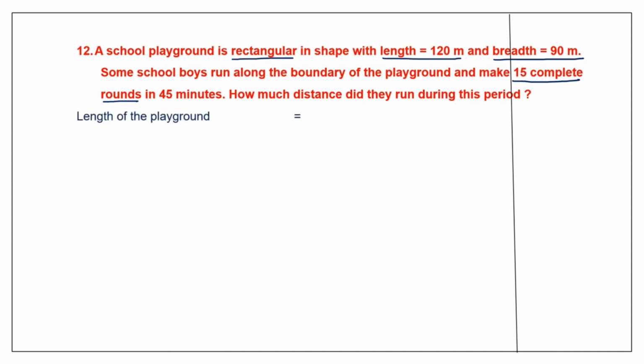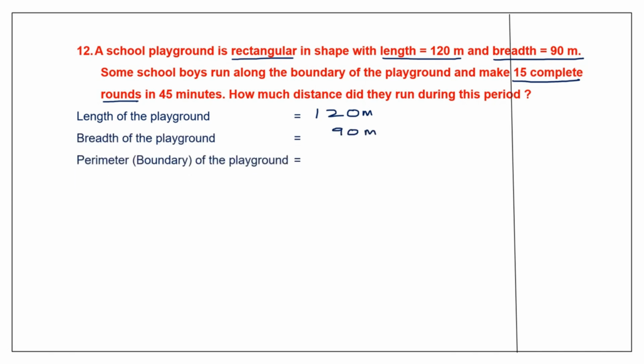So let's begin. Length of the playground is 120 meters, given to us. Breadth of the playground is 90 meters, also given. Now we need to find the perimeter, which is the boundary. Here it says some school boys run along the boundary, isn't it? So perimeter is the boundary of the playground and the formula is 2 into length plus breadth, which is 2 into 120 meters plus 90 meters.